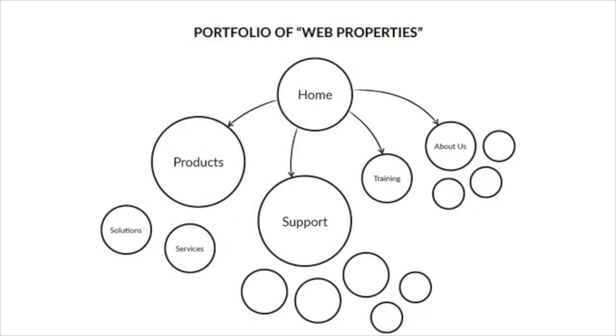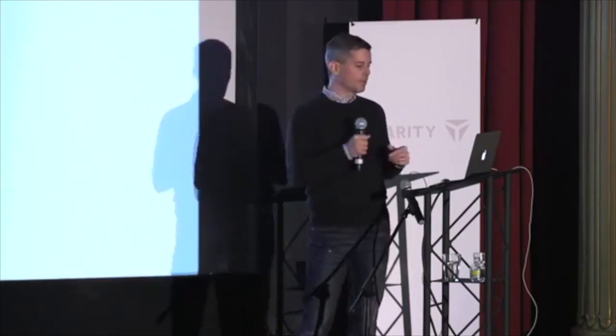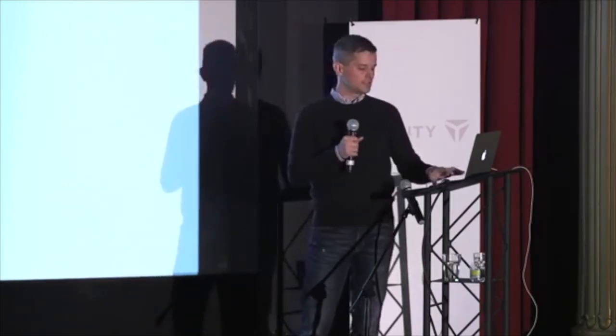It's a portfolio, oftentimes you call them properties, and each one of those circles, they might not have a product team devoted to it, but they usually have a stakeholder that owns the direction that section of the site is going in. And that stakeholder might engage some internal or vendor team to actually build those parts of it. And so products and support, less so training and about us, solutions and services.